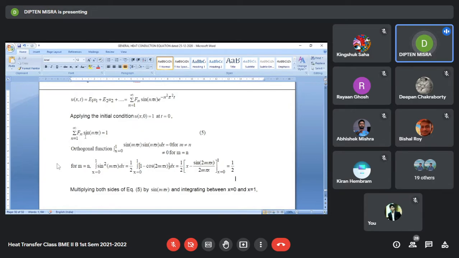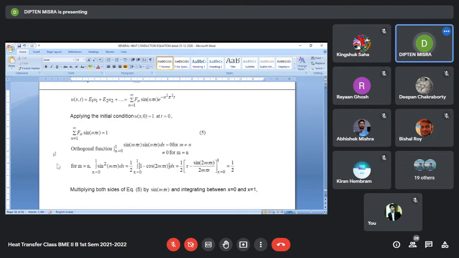So what is the first term? That is f1 into sine 1 pi x into sine 4 pi x dx plus f2 into sine 2 pi x into sine 4 pi x dx plus f3 into sine 3 pi x into sine 4 pi x dx, like that. And what is the right hand side? It is 1 into sine 4 pi x dx, integrated between 0 to 1. Now if we multiply both sides by sine 4 pi x, what will happen?